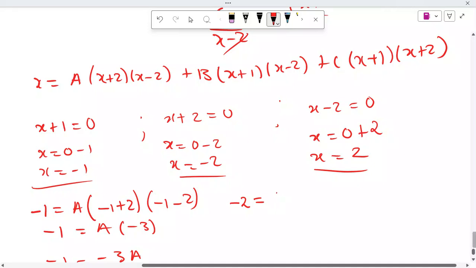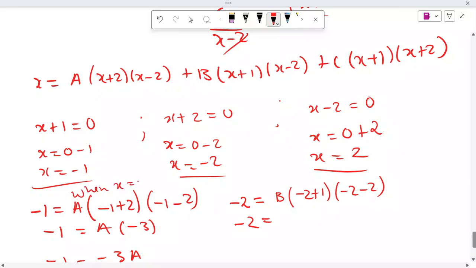We can't write A and C because they will give us zeros. Negative 2 plus 1, then negative 2 minus 2. So negative 2 equals, for completeness' sake, this is when x equals negative 2.